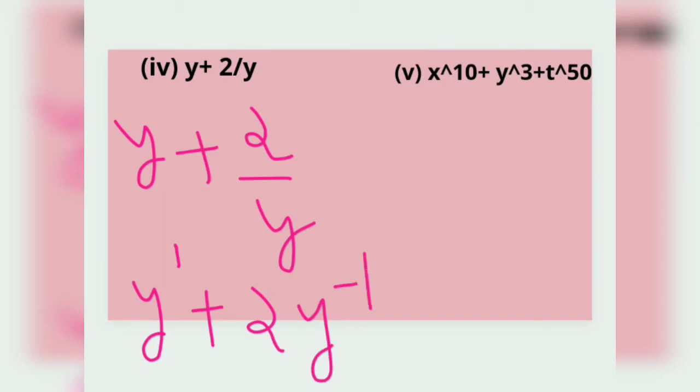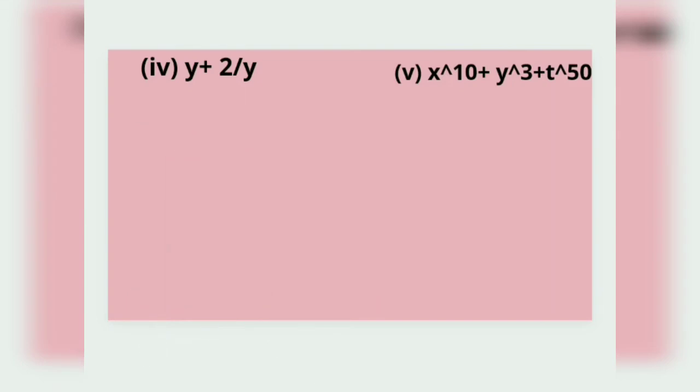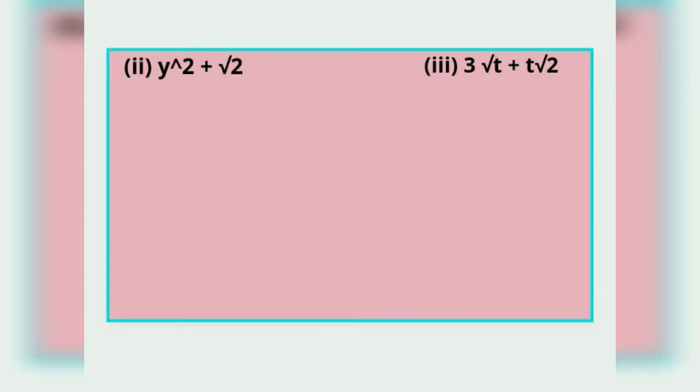Whether minus 1 is a whole number? No. So we can say that this is not a polynomial in one variable. I hope it's clear. In the last question also, root t, see, the power of t is not a whole number. That is why we are considering this one as not a polynomial in one variable.